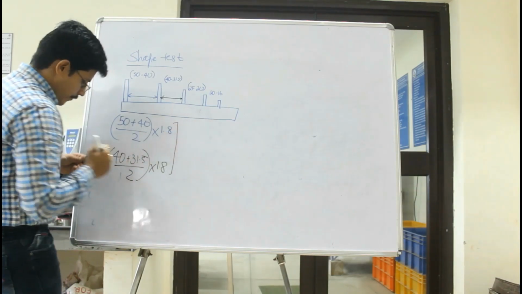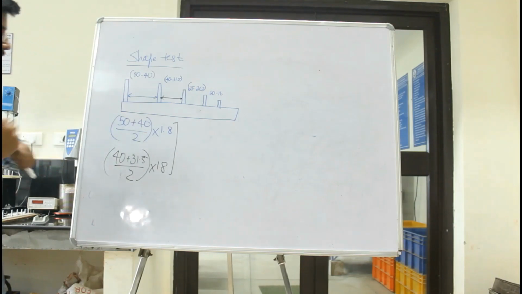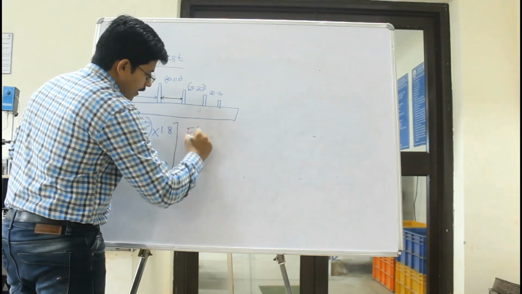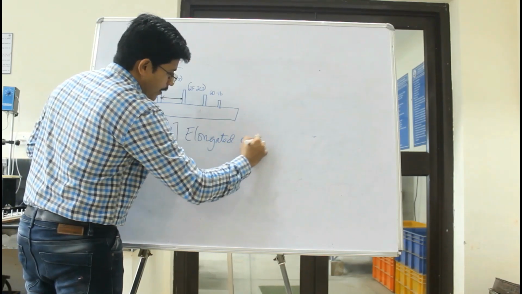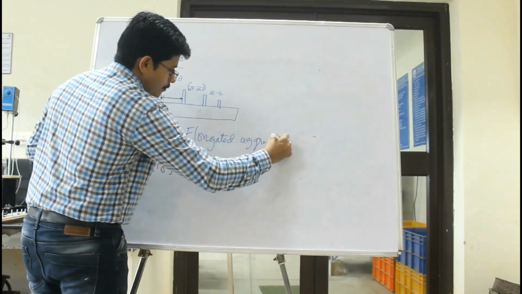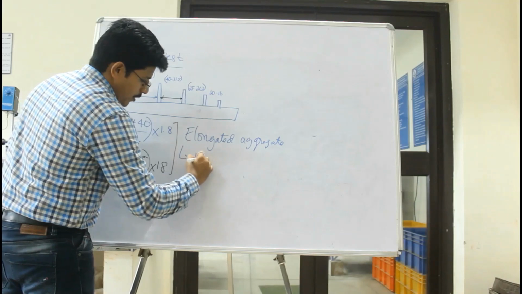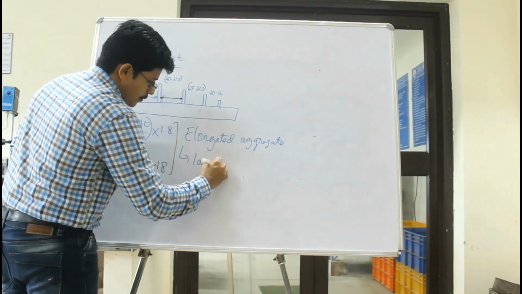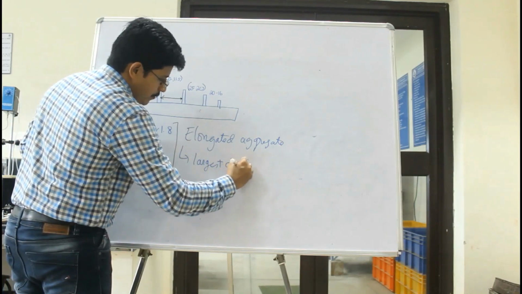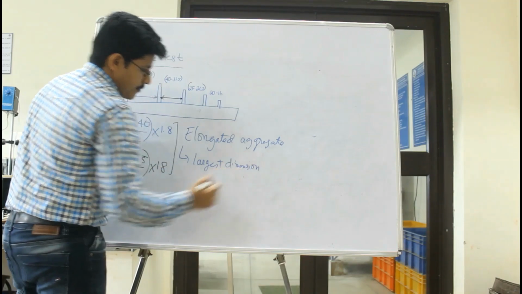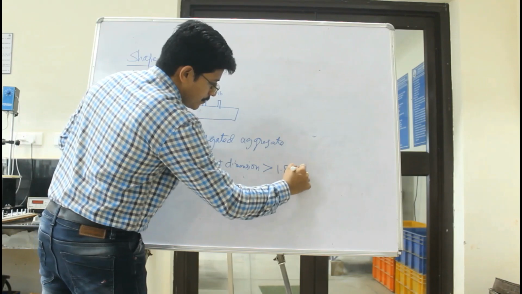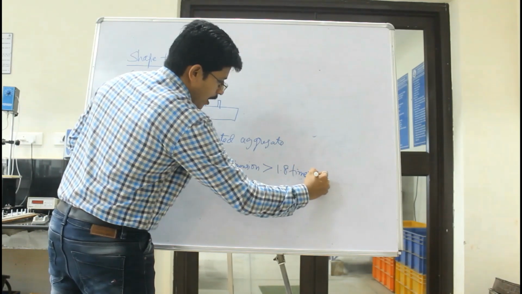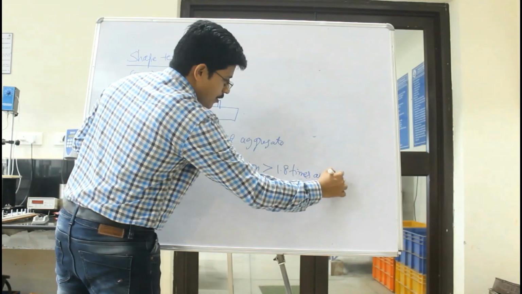So from this we can define elongated aggregate. An elongated aggregate means one whose largest dimension is more than 1.8 times the average dimension.